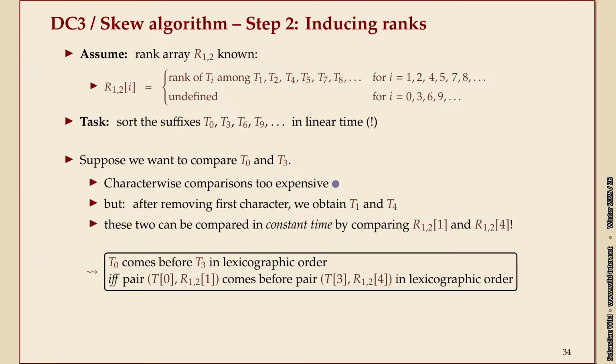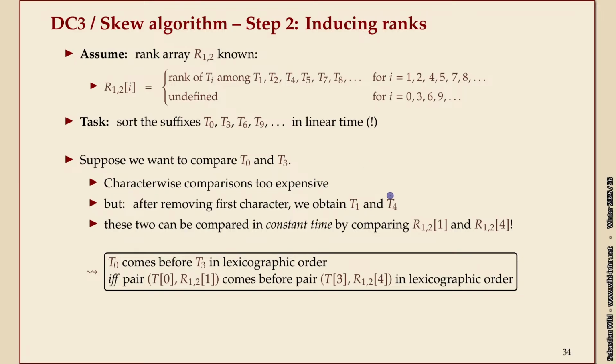So if you start doing that, you compare the first character. There are two cases. Either the first character already decides who is smaller, or it doesn't, in which case it has to be equal. Then you have to look at the following characters. But the following characters after T0, the suffix that starts at the beginning, that's the suffix starting at 1.